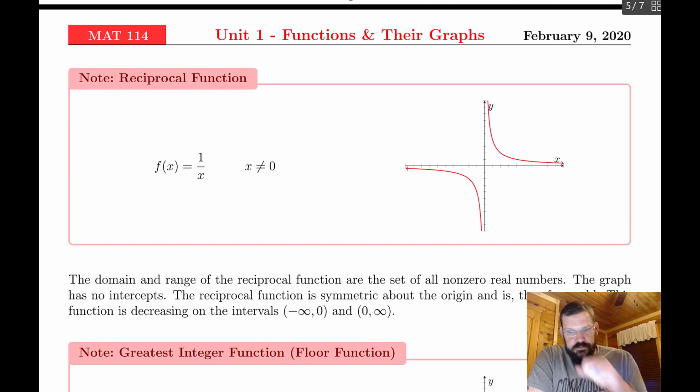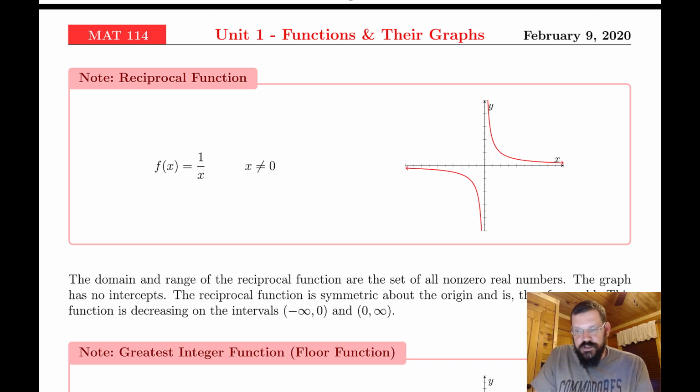The reciprocal function. We get this hyperbola with the reciprocal function 1 over x. It has a vertical asymptote at x equals 0. So its domain is the set of all non-zero real numbers, or you can just say negative infinity to 0 and 0 to infinity. It has no intercepts.